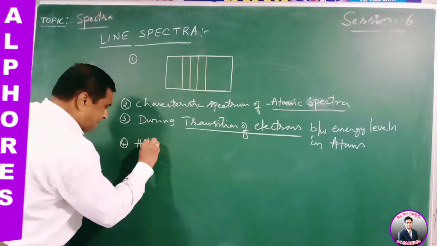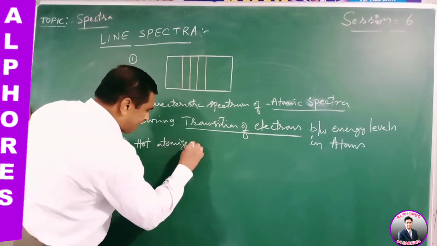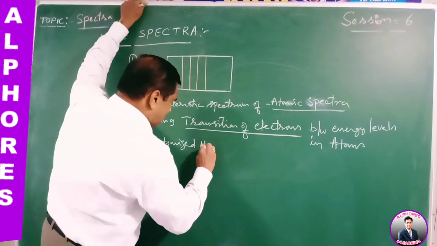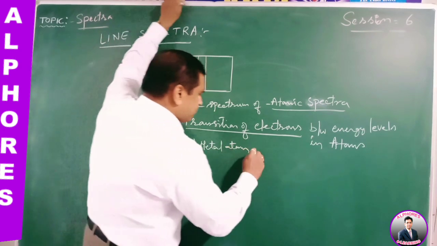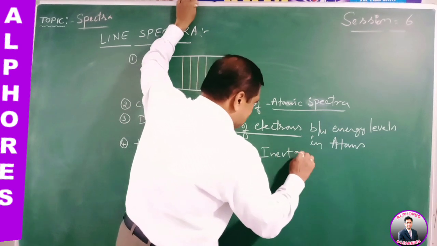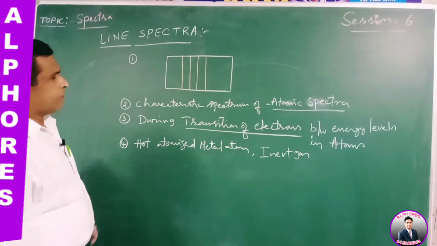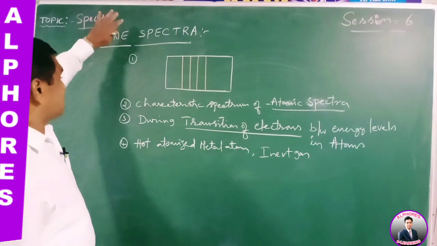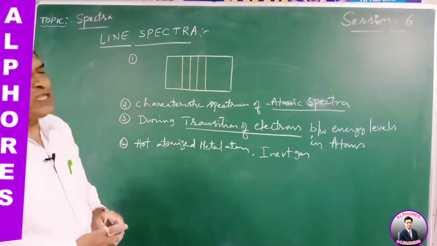Hot atomized metal atoms and hot inert gases can produce line spectra. These are the four important characteristics of line spectrum.